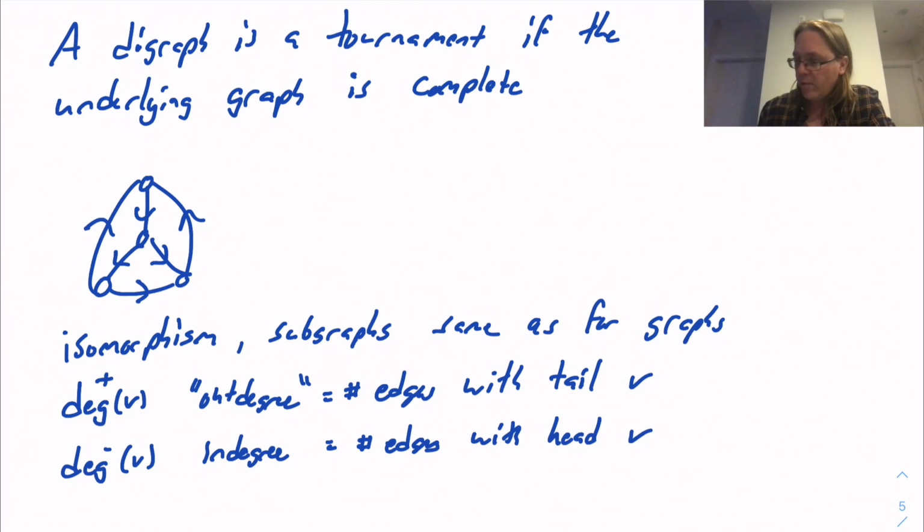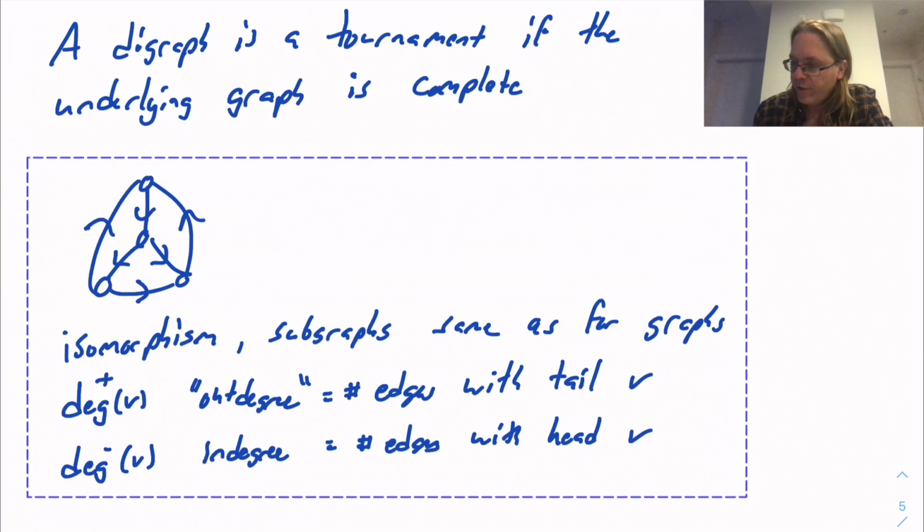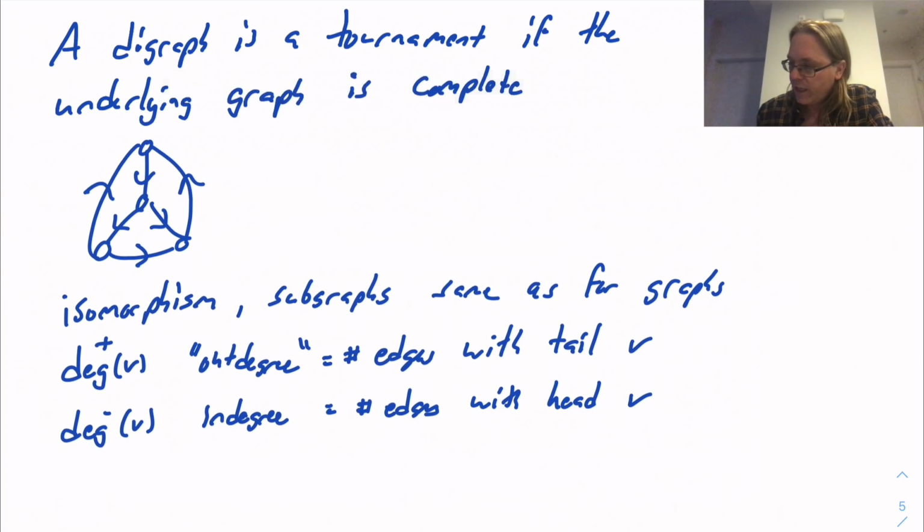And now we have a theorem that's kind of like our first theorem for graphs, but it's even easier in the digraph setting, so I'm going to make even less out of it.